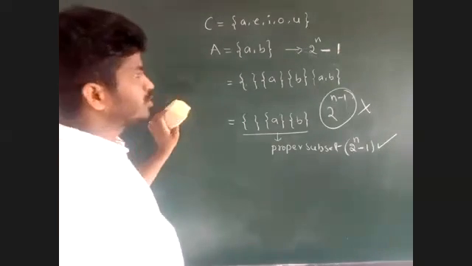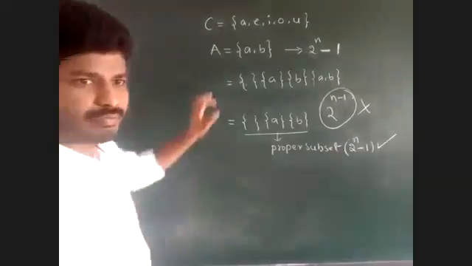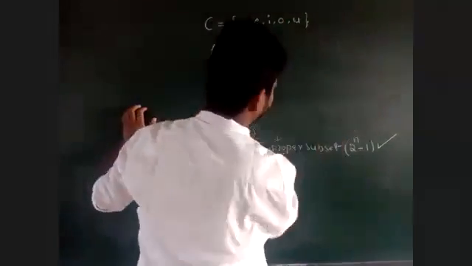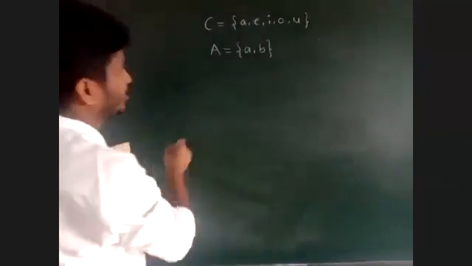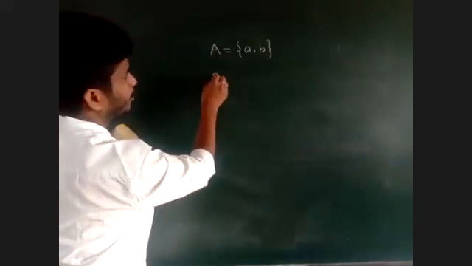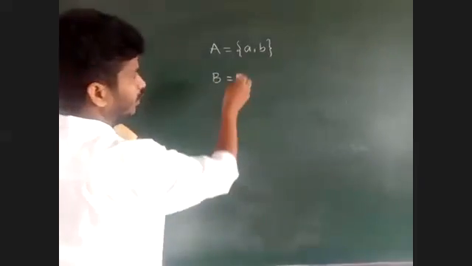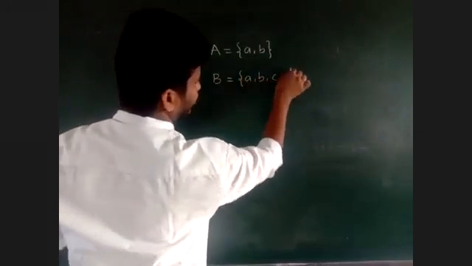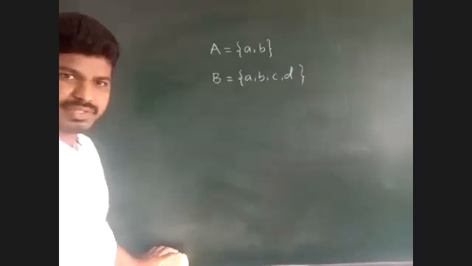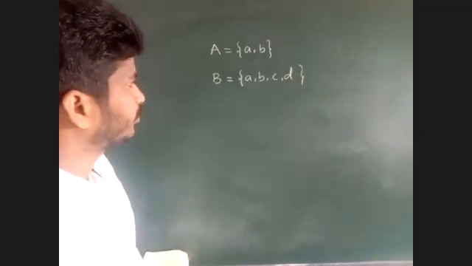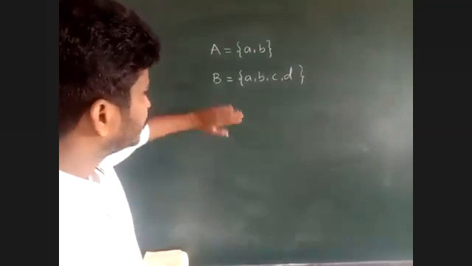Now, the symbolical form of subset. For example, take 2 sets, A and B, where B is A, B, C, D. Then tell me, A is subset of B or A is not subset of B? A is subset of B, sir.